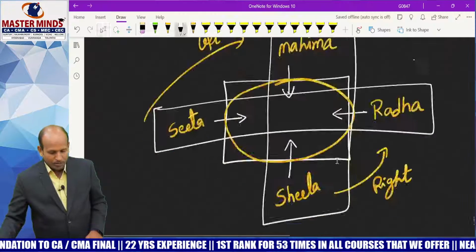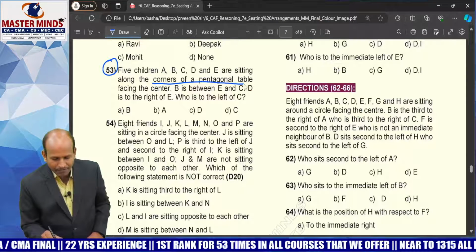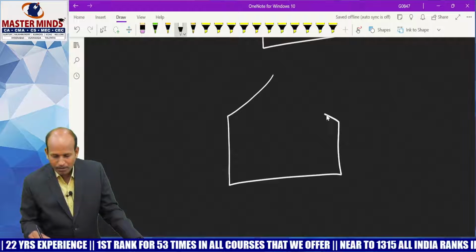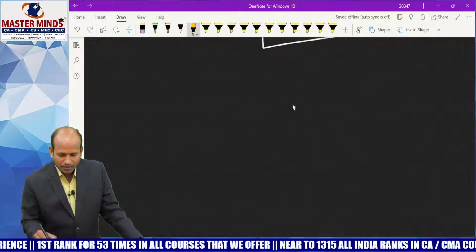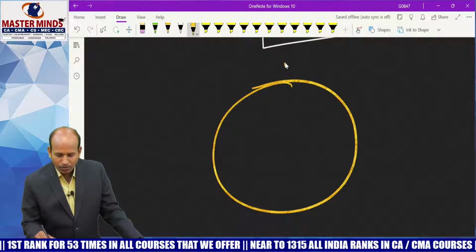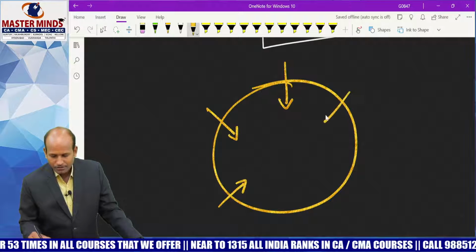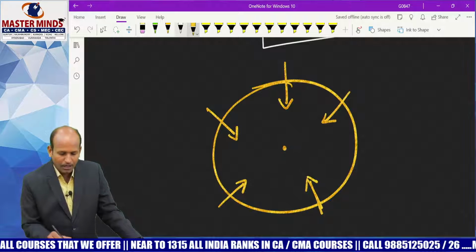Question 53. There are 5 persons sitting along the corners of a pentagonal table. So that means we need to draw a pentagonal table. Instead of that, you can take a circle also and make 5 persons sitting along the circle. So this one is also correct. There is no need to draw a pentagon.